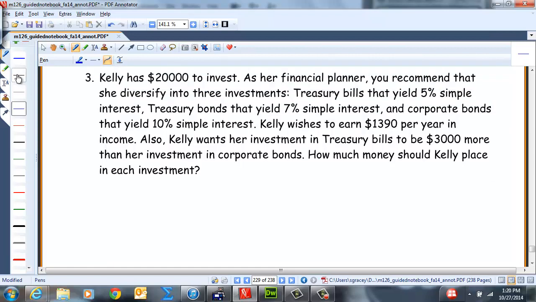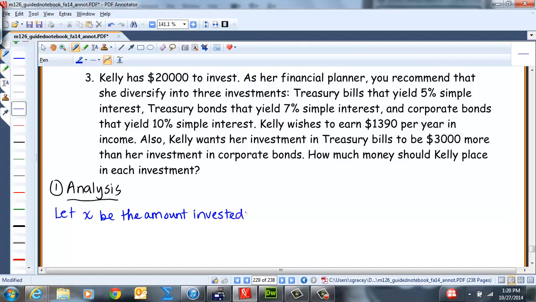So we have 3 things going on. So in our analysis, we're going to have 3 variables to name. So why don't we just do them in order. Let X be the amount invested in T-bills. Let Y be the amount invested in T-bonds.